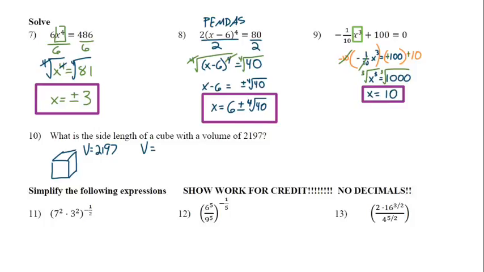So it is whatever that side is to the third power. Well, we know the volume, so 2197 equals s cubed. We'll take the cube root of both sides. So s, and I believe this is 13, to be honest. Yep, it is.